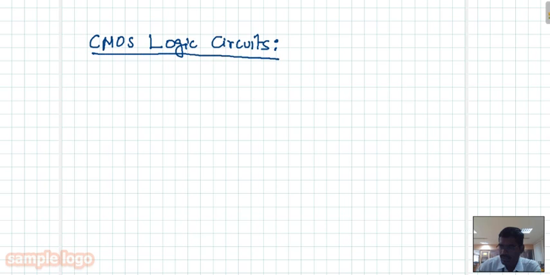In general, CMOS circuits consist of a pull-down network at the bottom. On top of this, we have the pull-up network.